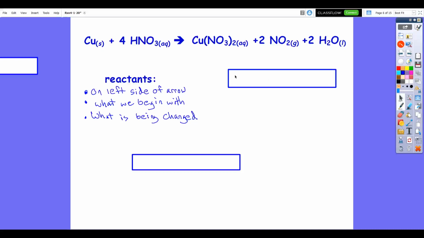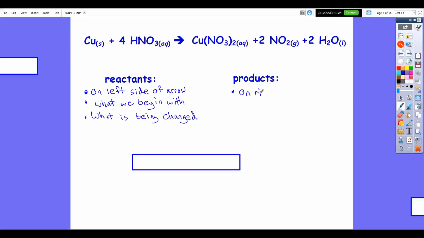Then on the right side of the arrow, we have our products. So most simply put, this is on the right side of the arrow. It's what's left over at the end.